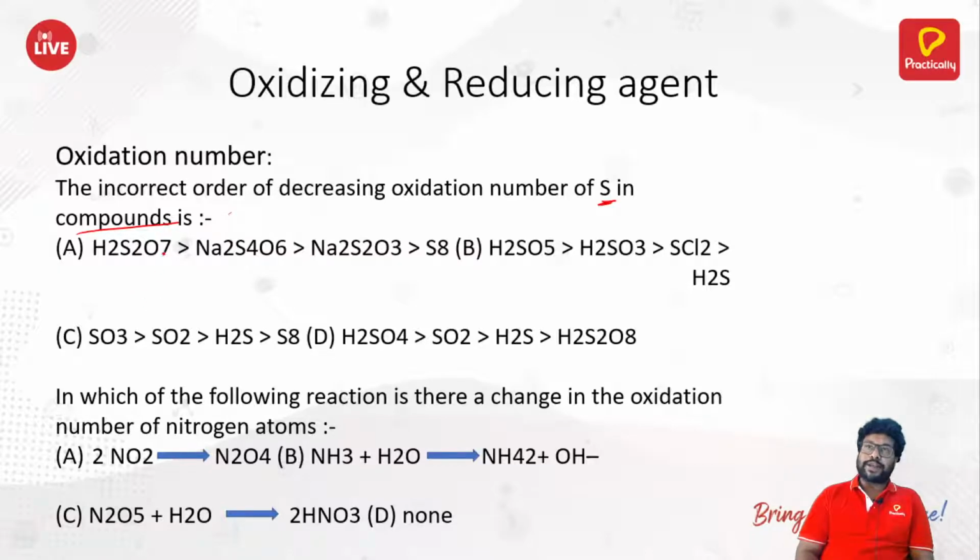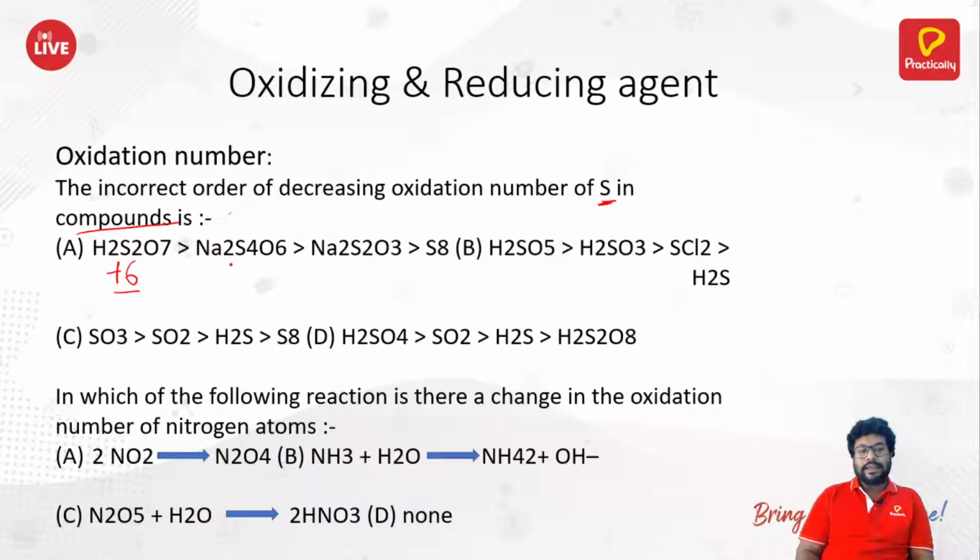See, oxygen is in -2, -2 into 7 is -14, 2 hydrogen, so -14 plus 2, because hydrogen is in a +1, right? So -14 plus 2, it is -12. So apart from sulfur, others are present in +12. That means sulfur must be present in a +12. So 2 sulfur in a +12.